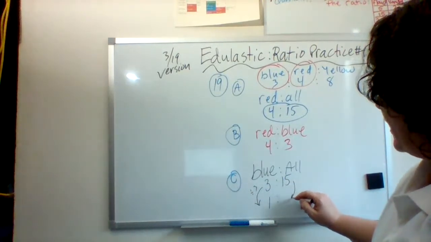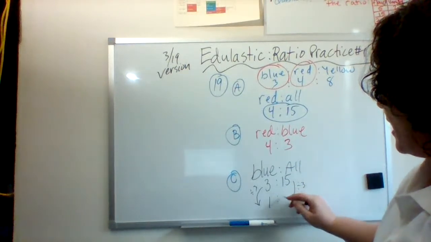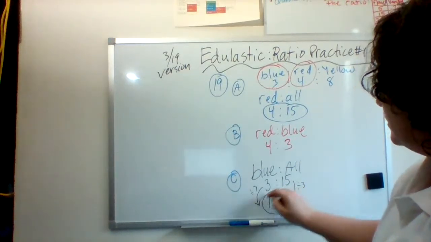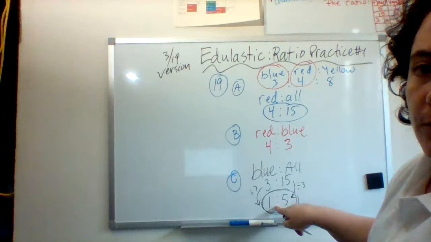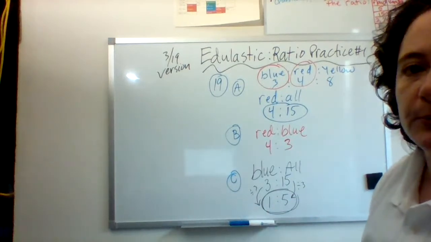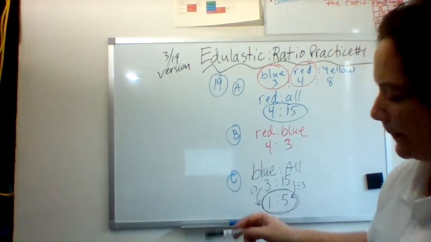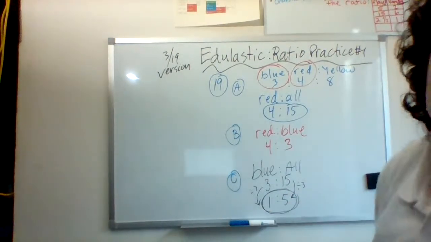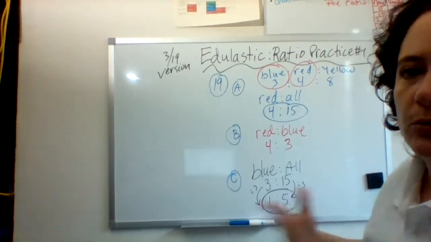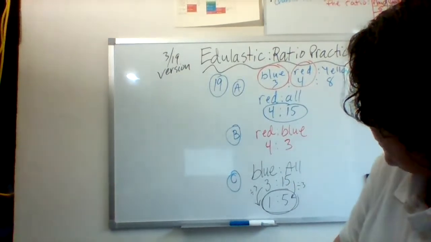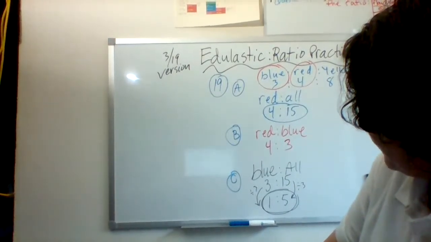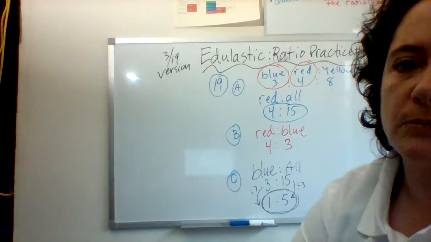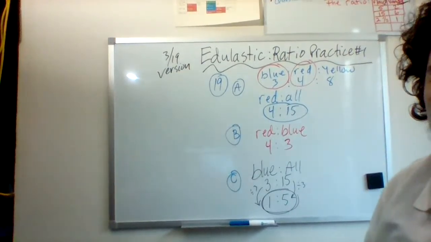If I divide 15 by 3, I get 5. Since I have a unit rate, I have my simplest form. And they're both whole numbers also, okay? The ratio should be whole numbers, 1 to 5. Any questions on number 19 now? That's it for number 19.